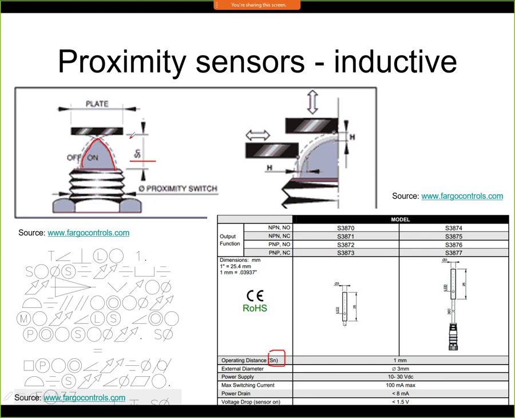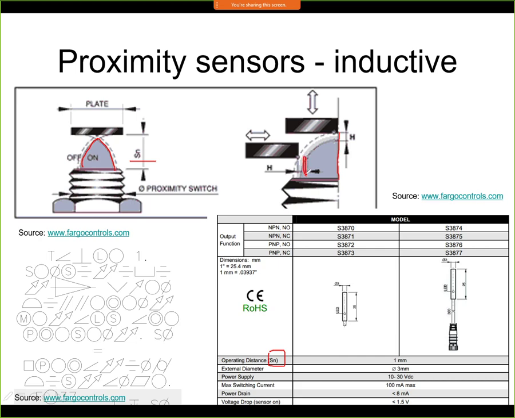So if we approach the object from the side into the detection zone, that's what we see here in the figure on the right hand side, then here we have this detection distance, but here, since we're approaching from the side, the detection distance will be this one.